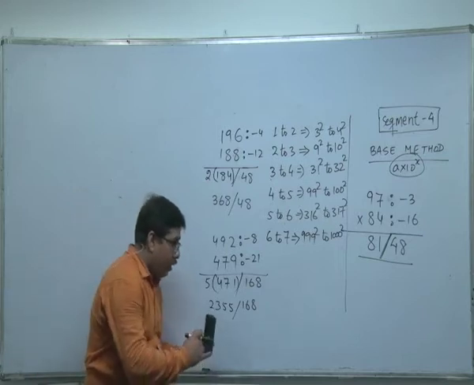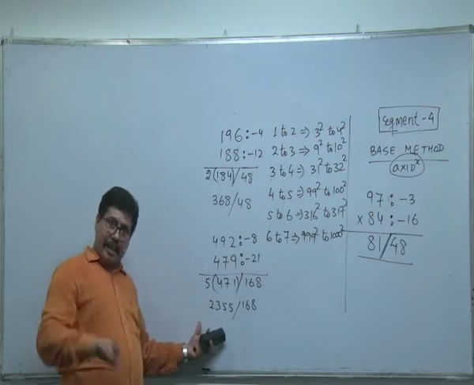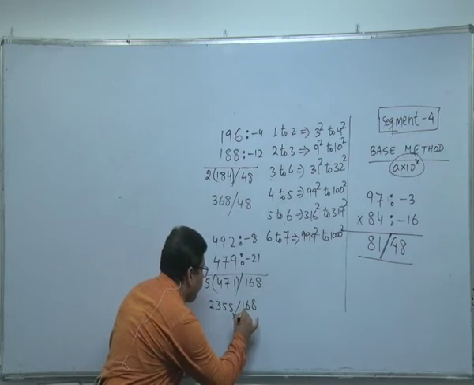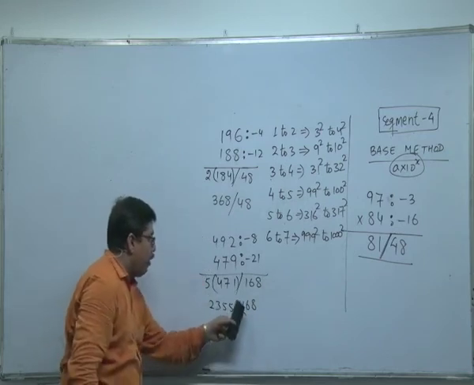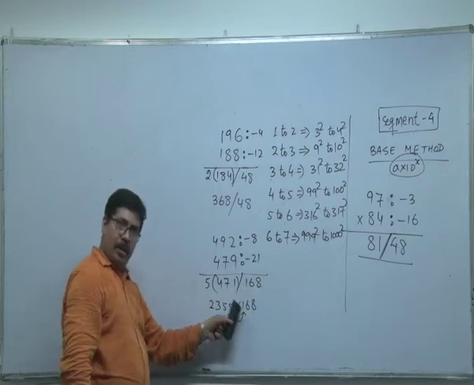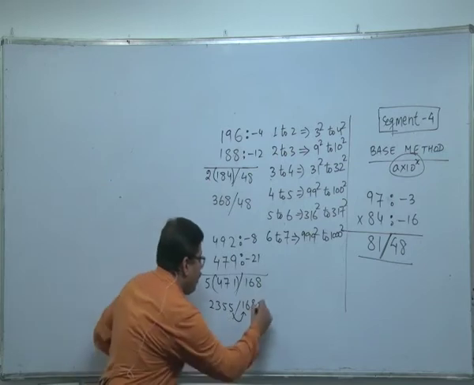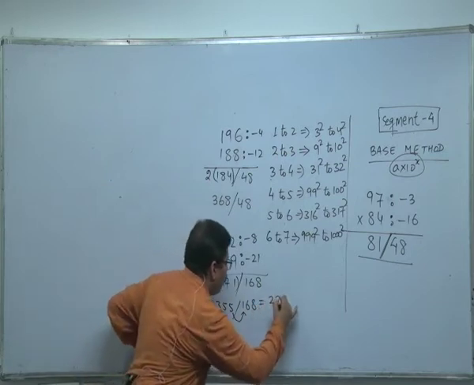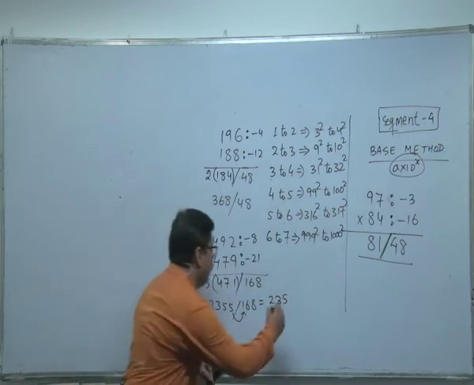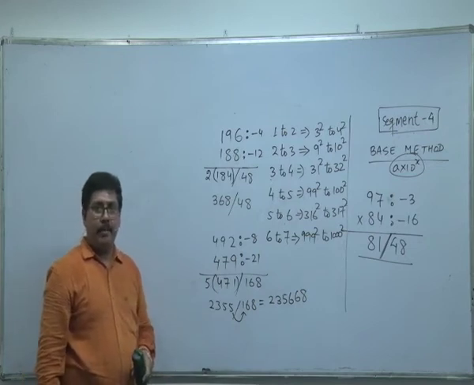Then, if you are willing to reduce the number of digits, because my requirement is a 6-digit number, the suggested step is to just add 168, because 68 stays here and 1 will go to the left-hand side. So 5 plus 1 is 6. So my final result is 2, 3, 5, and 5 plus 1 is 6, 6 and 8. This is my final result.